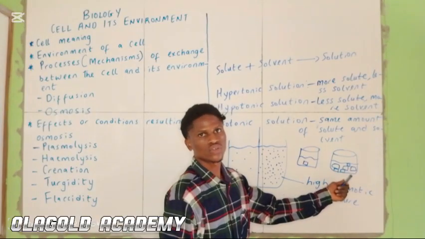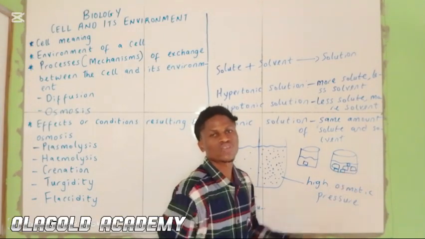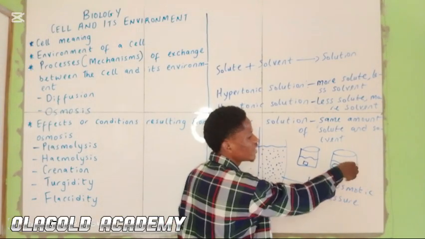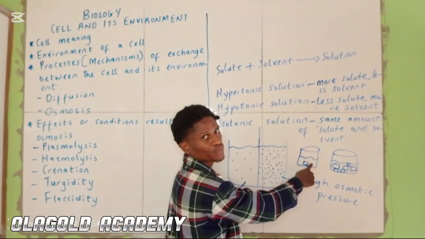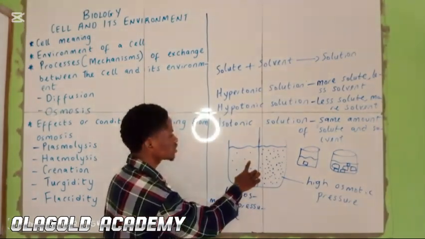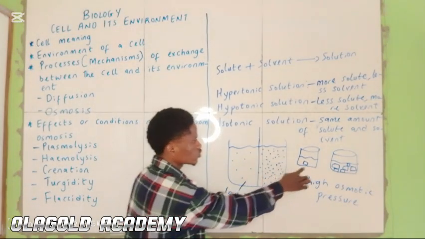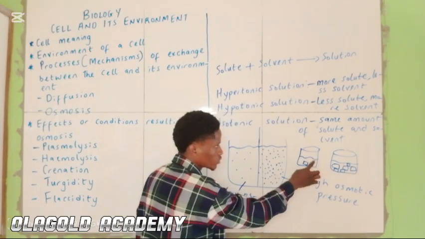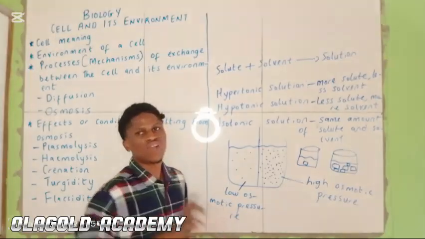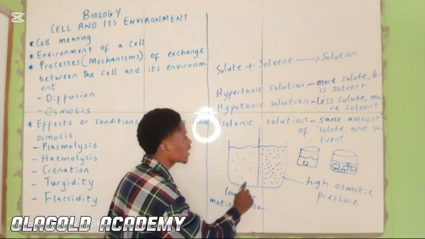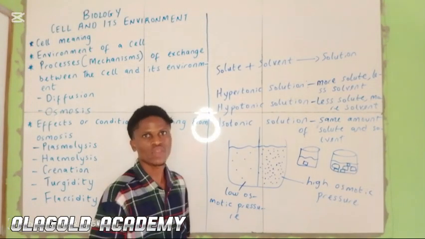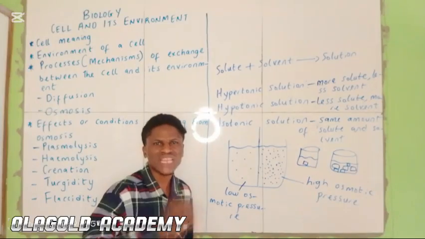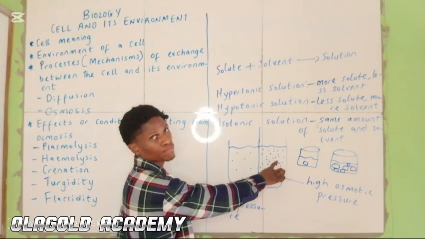The more solute present. So you can say that here contains less solvent than here. The same way also, this one contains more solvent, or more water molecules, than this one here.